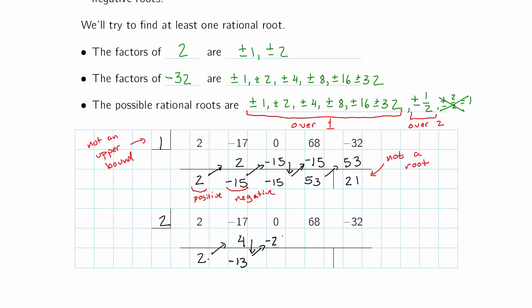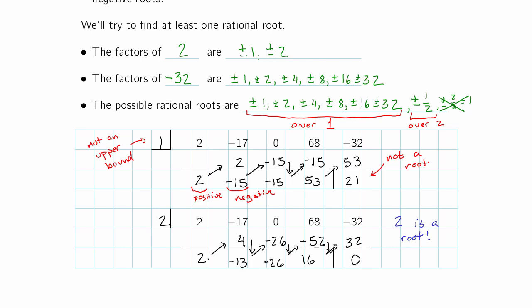Times 2 is negative 26. Plus 0 is negative 26. Times 2 is negative 52. Plus 68 is positive 16. Times 2 is positive 32. Plus negative 32 is 0. Yay! We got a root.